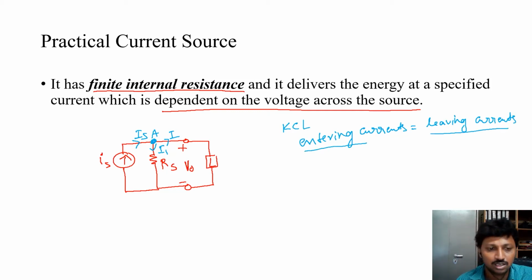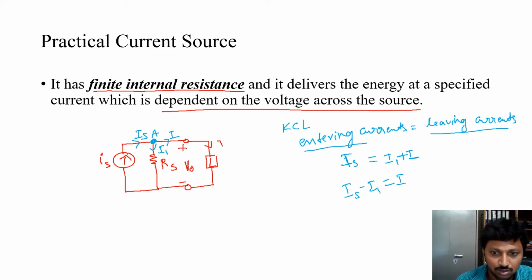So what are the entering currents here? This Is is entering, so Is is equal to, what are the leaving currents? I1 plus I. To find the I value, Is minus I1 is equal to I. So this current is flowing through this load.